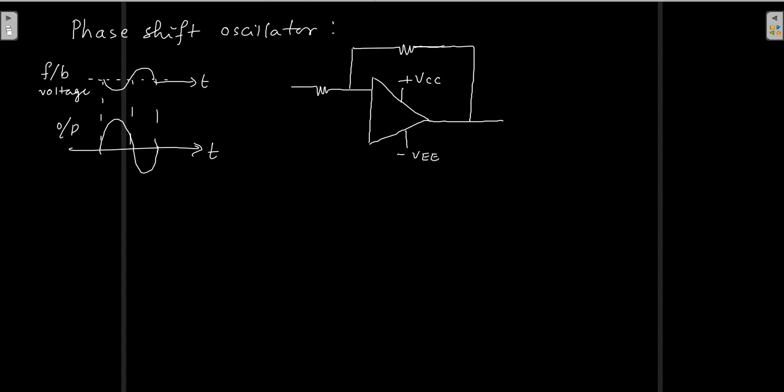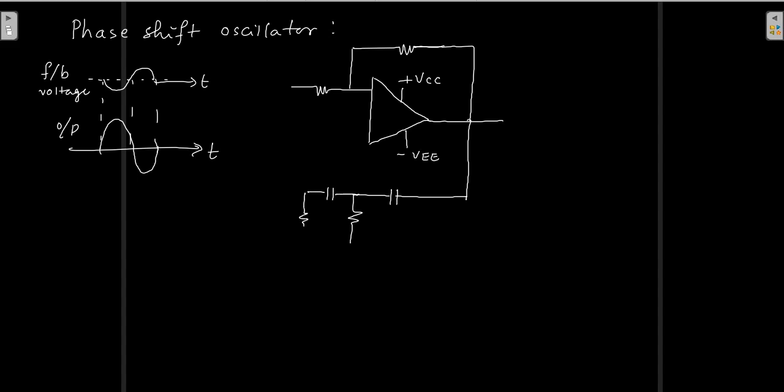VEE. Now look here, from the output I am providing the feedback in the form of R and Cs.